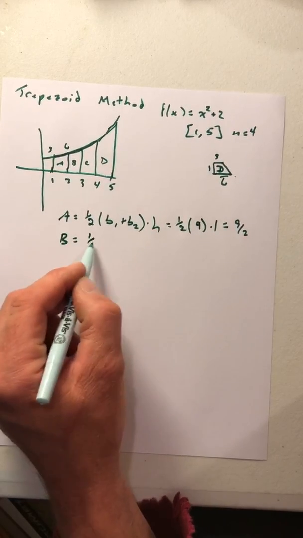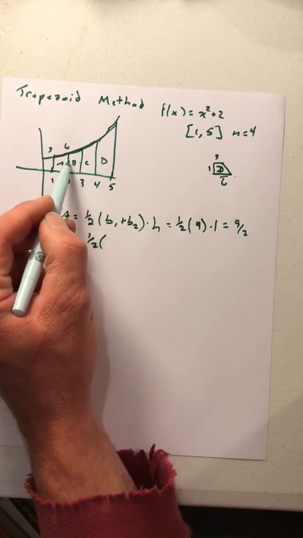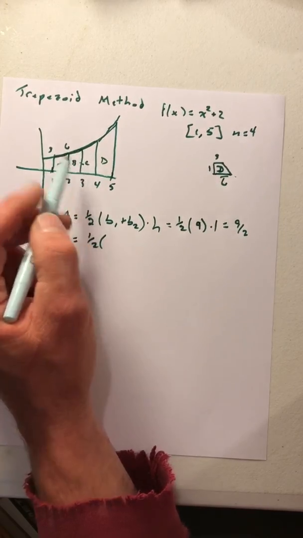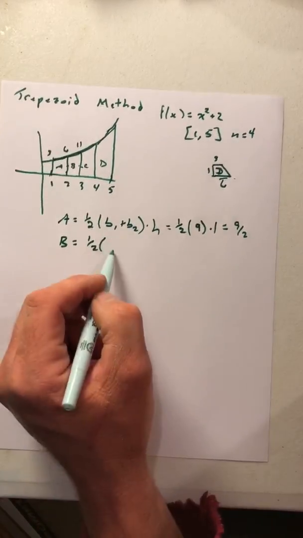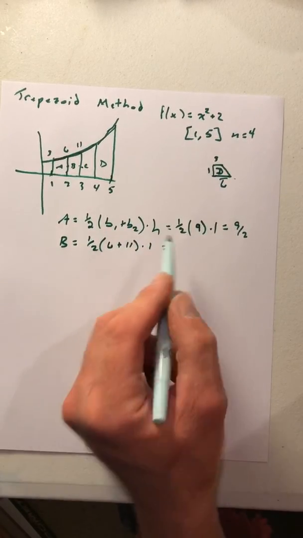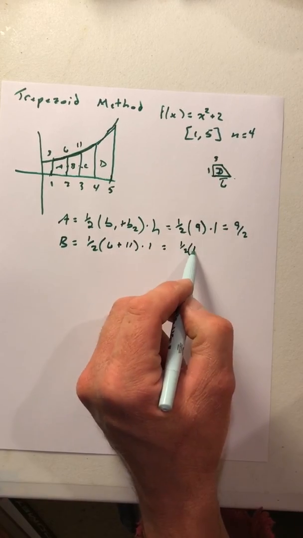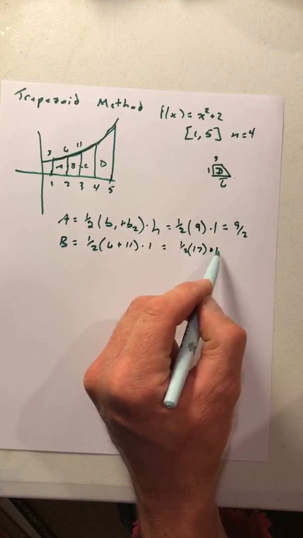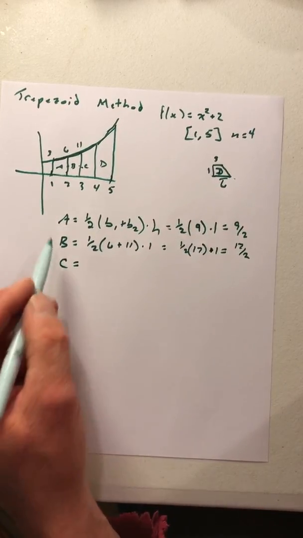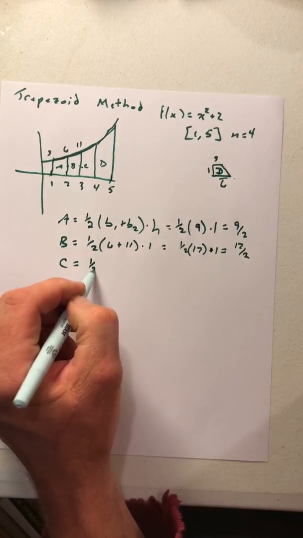For area B, we have 1/2. Again, the 2 bases are the 2 side lengths. So I already have 6. If I plug 3 in, I get 11. So I get 1/2 of 6 plus 11 times the height of 1, or 1/2 of 17 times 1, or 17/2. Region C, 1/2.